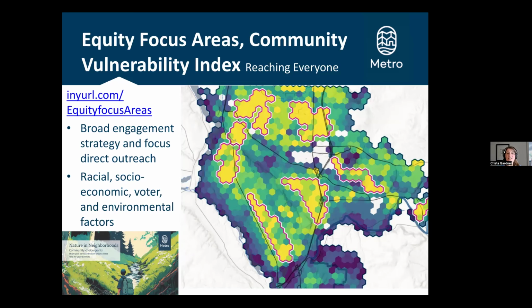Then in addition, we layered on an additional tool that was made by Knot Studio, this Community Vulnerability Index. The results of this Community Vulnerability Index show where to focus community organizing efforts with community-based organizations and event locations.